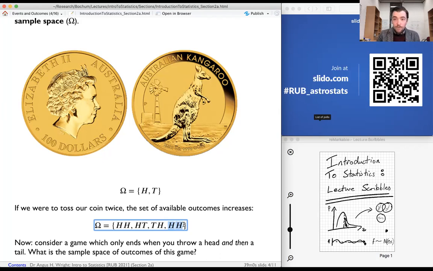Let us consider now an experiment, or rather a game, where the rules of the game are that the game ends when you throw a head and then a tail. So we have the question, what is the sample space of outcomes of this game? How many outcomes can there be of this game? And the answer is that the sample space of that particular game is unbounded.